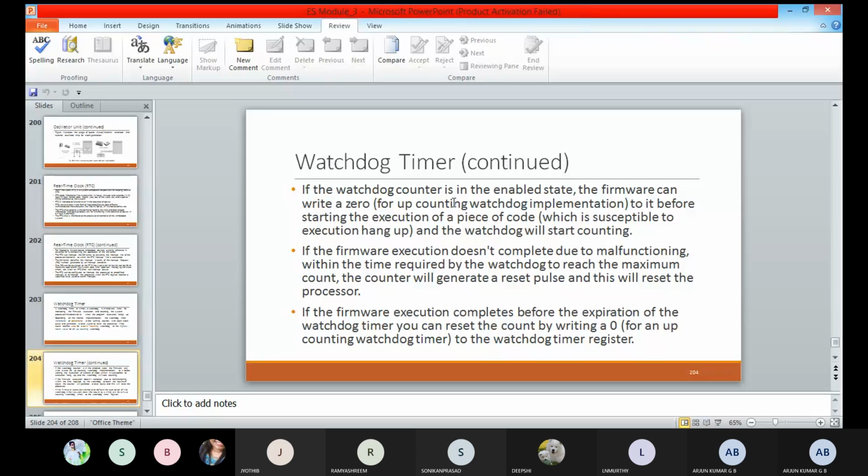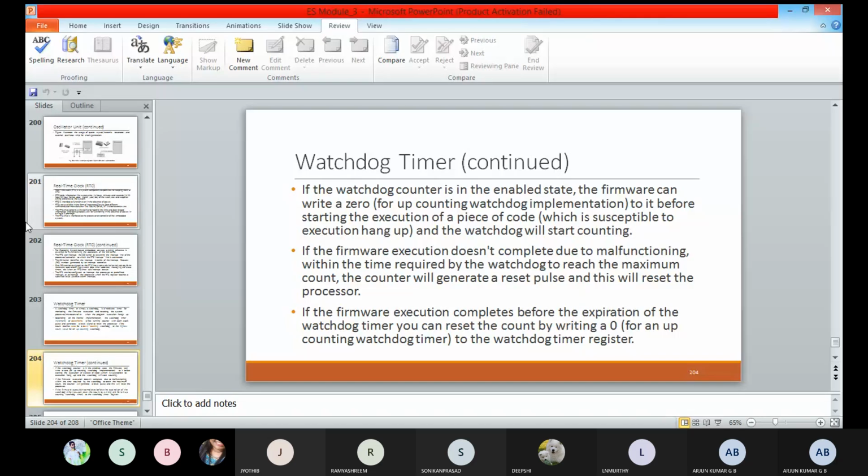If the watchdog counter is in the enable state, which is nothing but the on state, the software can write a 0 to it before starting the execution of a piece of code, and the watchdog will start counting. For each instruction, it will count the data.